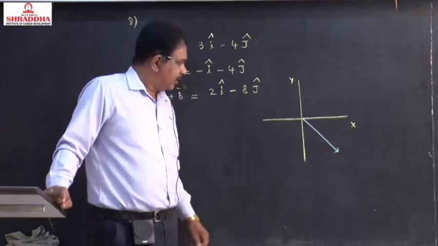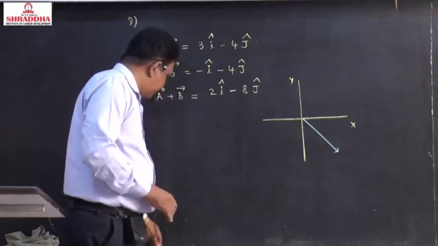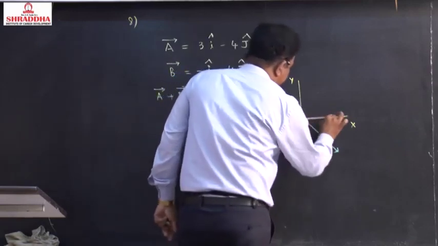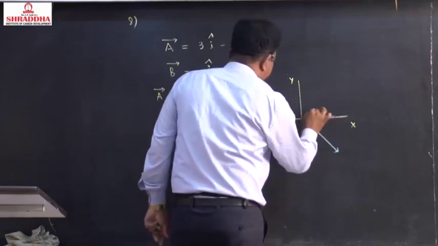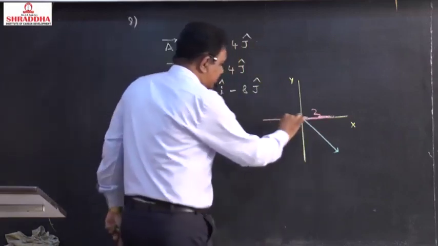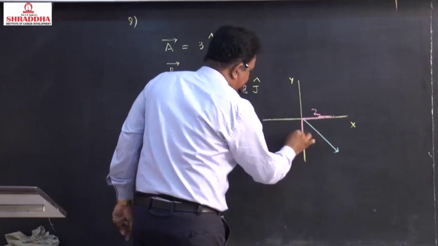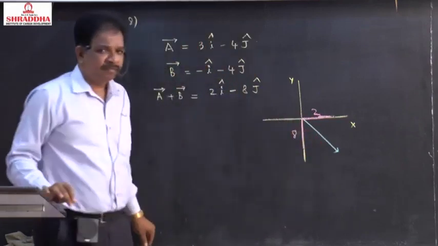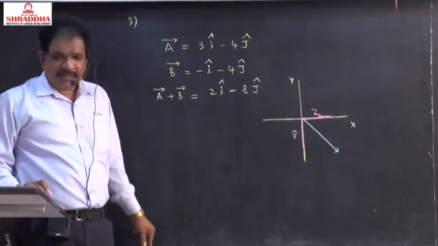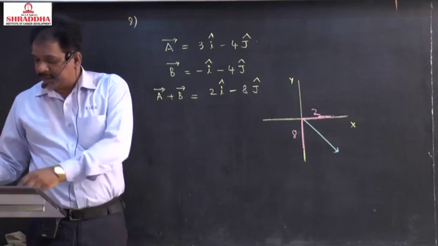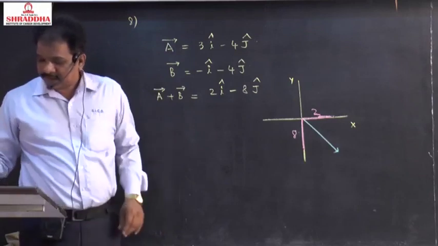This is the x component. This vector's x component, they have given as 2. This will be its y component. This value is how much? 8. Is it clear?